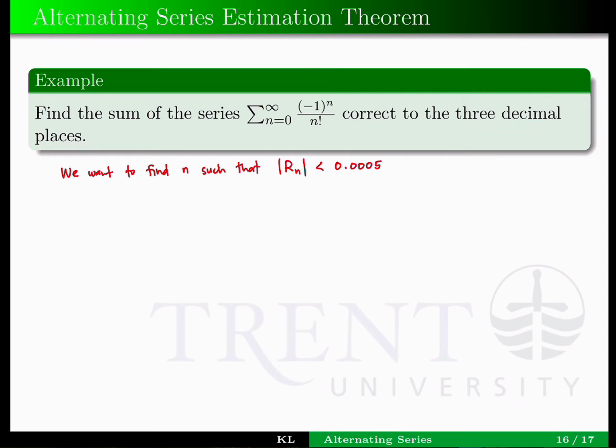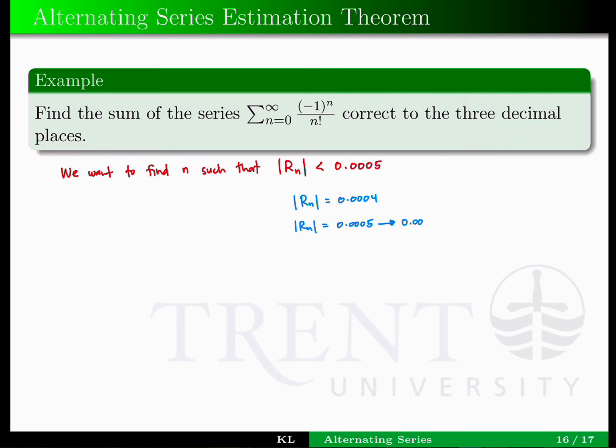Why? If you look at this, your Rn, in absolute value, could be 0.0004, and if you round this number, this won't change. This is still 0.000. On the other hand, if your absolute value of Rn is equal to 0.0005, if you round this number, this will go to 0.001.